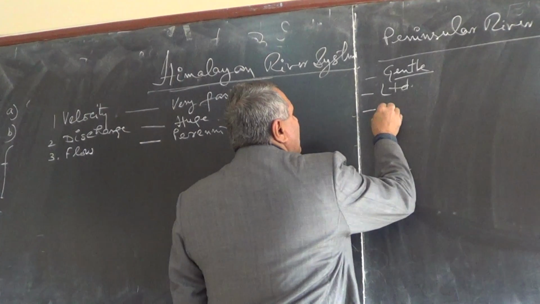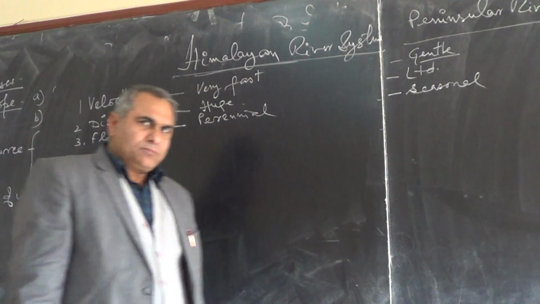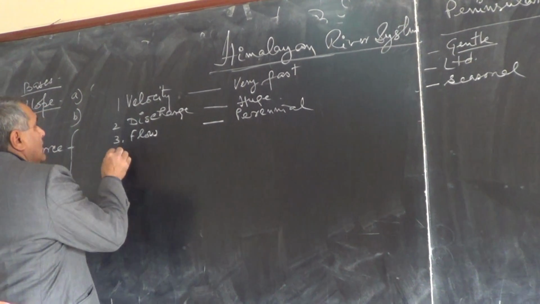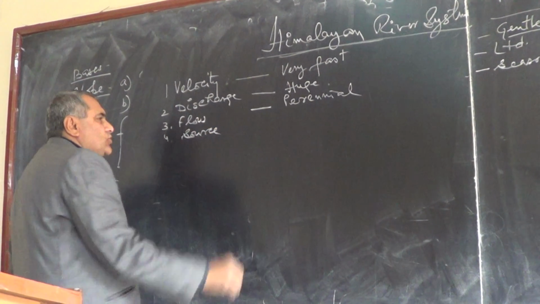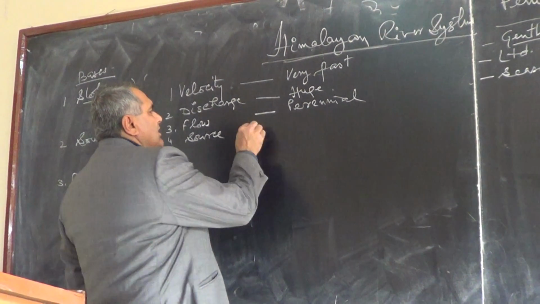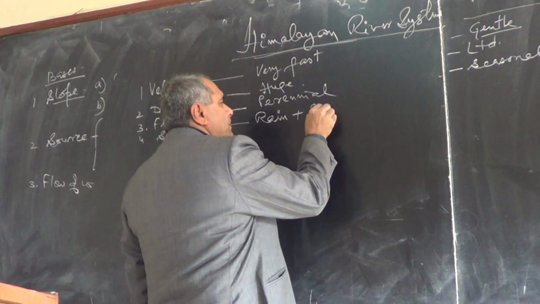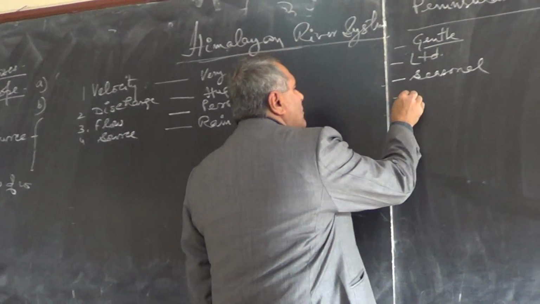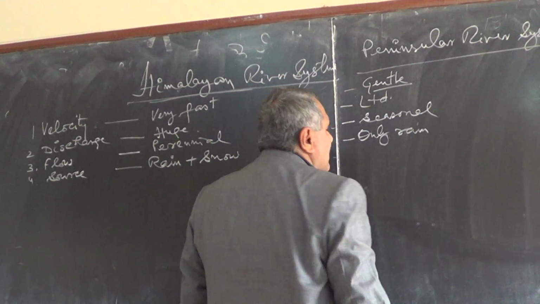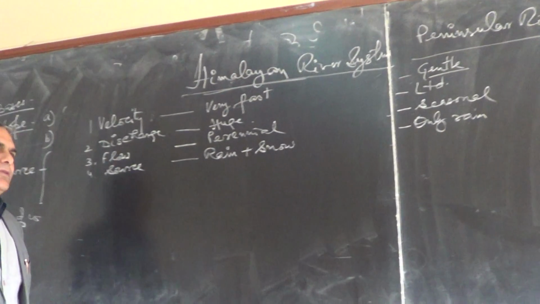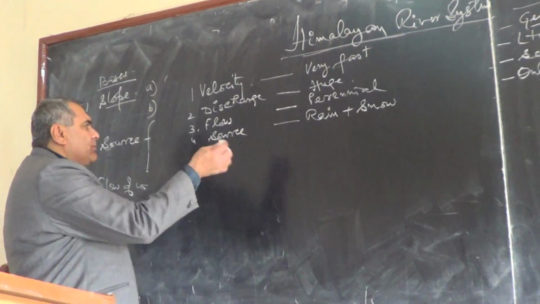Peninsular rivers are seasonal rivers. The source of the Himalayan rivers is rain and snow. Peninsular rivers have only rain.